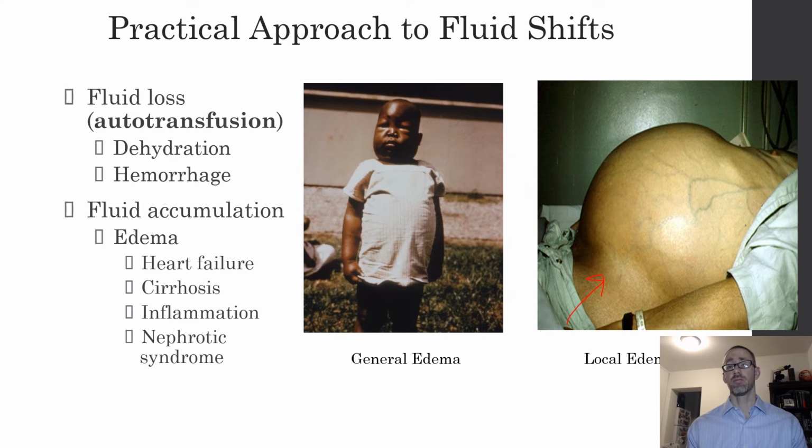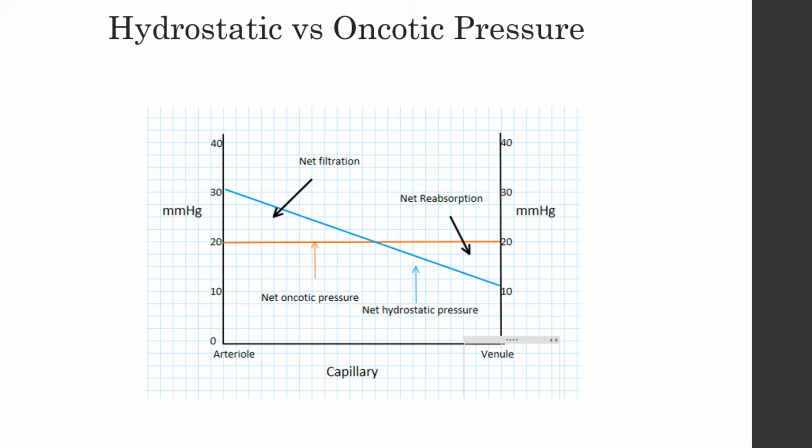So what I'd like to do now is take you through a graphical representation of capillary fluid shifts and address some of these issues. I like this graph because it can demonstrate fluid loss or fluid accumulation at the level of the capillary, based on the various changes that I spoke about on the previous slide, having to do with dehydration, for example, in fluid loss, or say loss of protein, causing drops in oncotic pressures and so on.